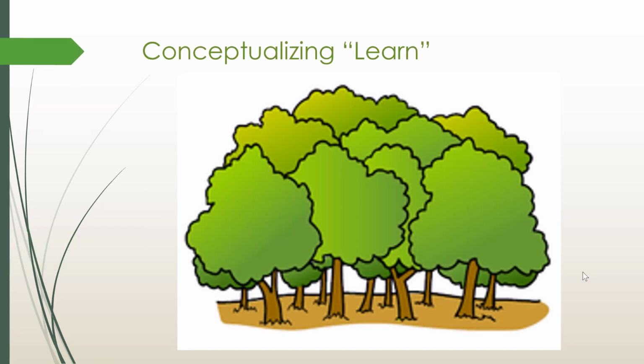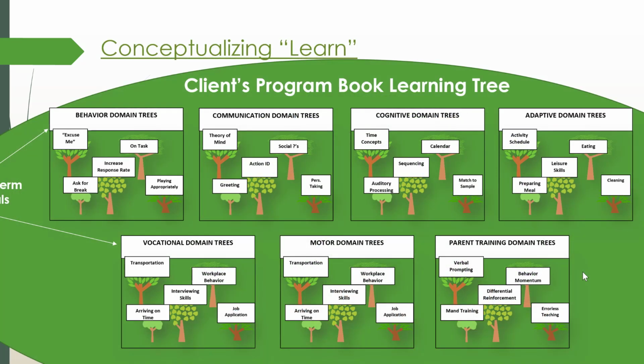When you conceptualize the program notebook and learn the learning trees, we really are talking about trees. All of your programs, all of your domains, and everything are trees and branches that sprout out together. They do use that analogy of trees. So think about it as a cluster of trees, clustered by domain.